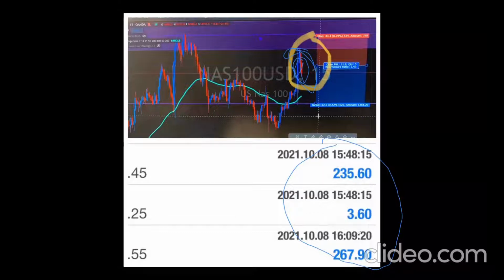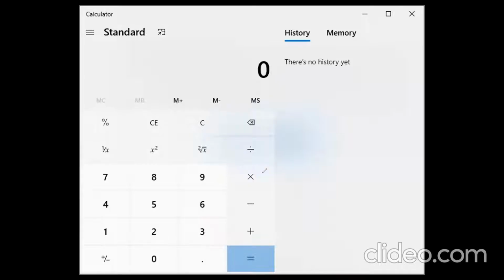Let's do the math. So let's see. Calculator here. So that is 235.